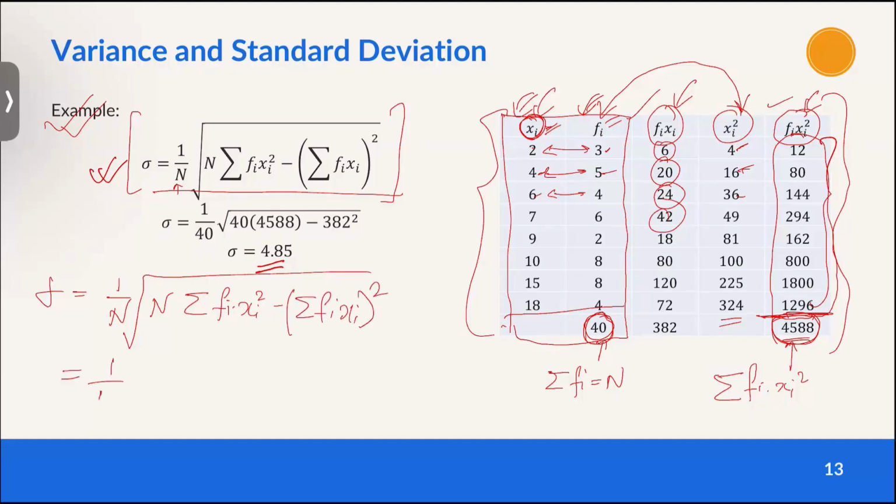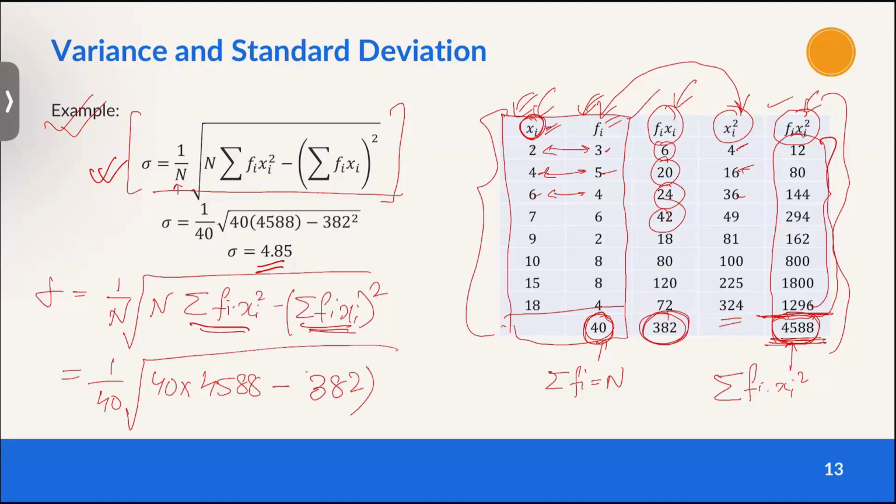So what is n? n is 40, root under of 40 times summation of fi xi squared, this value 4588, minus summation of fi xi whole squared. So summation of fi xi is 382, whole squared. When you do this, you will get 4.85. This is the standard deviation.